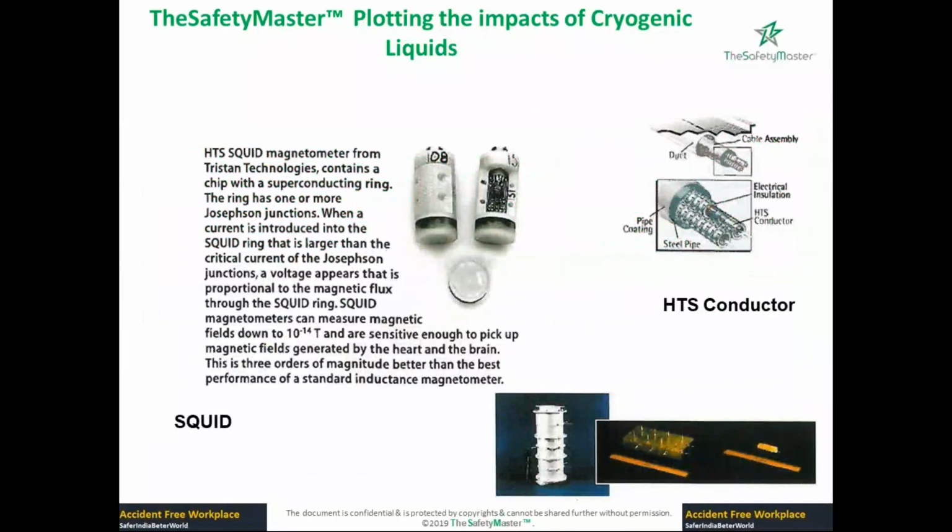Then you have SQUID. SQUID is basically a superconductor, basically a high temperature superconductor, which runs on a chip. You can also use liquid helium for HTS conductors, where you reduce the transmission losses in a cable assembly.